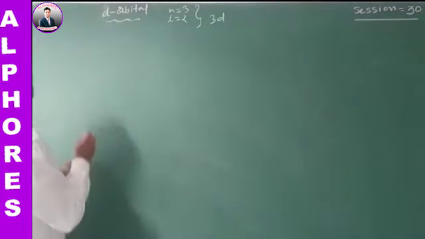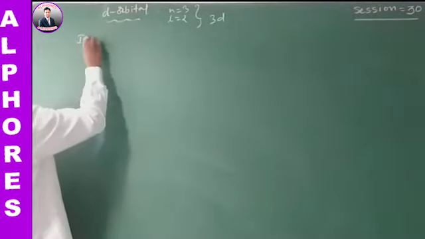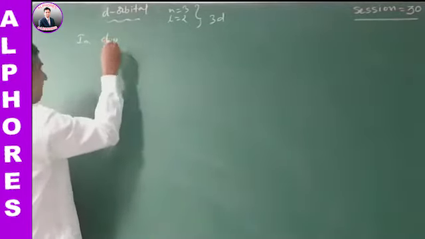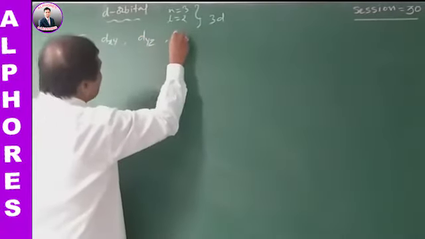Now the 5d orbitals. First, let us write the first three d orbitals, that is dxy, dyz and dzx.